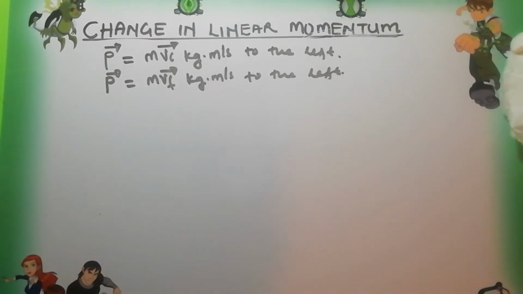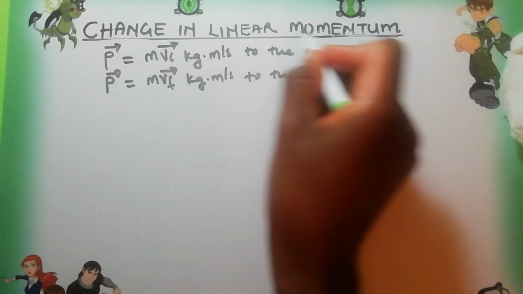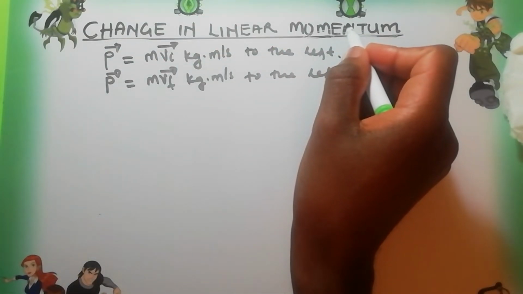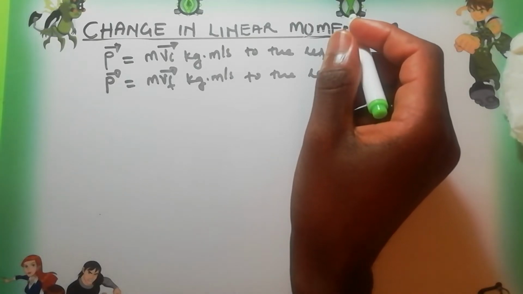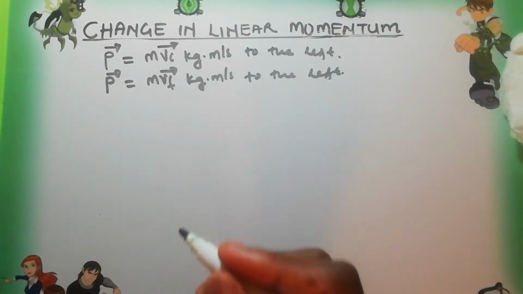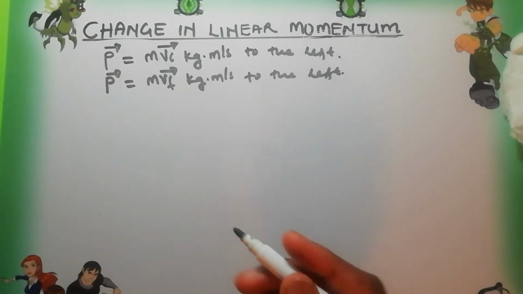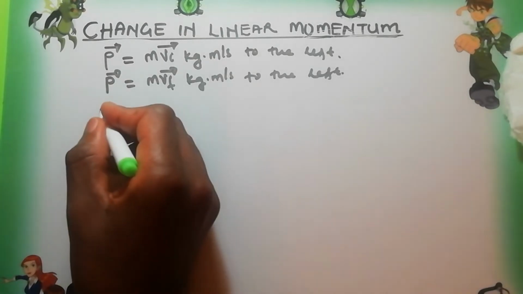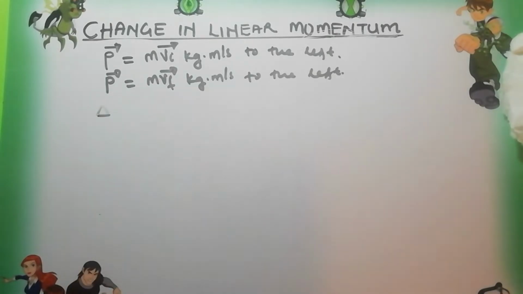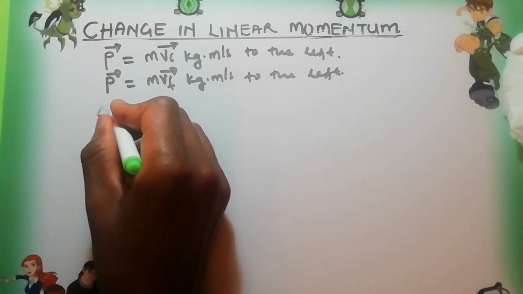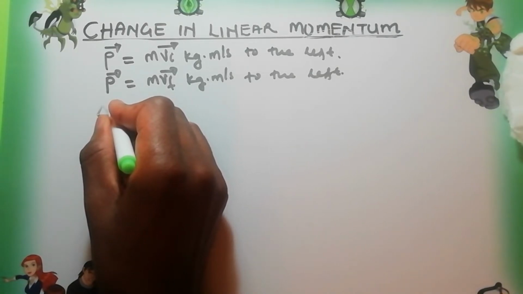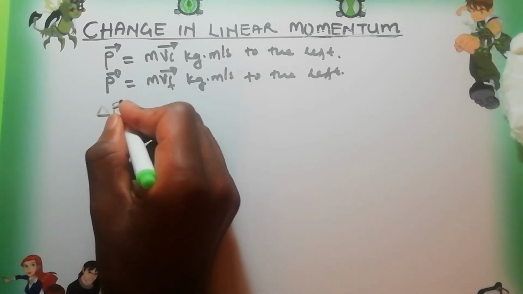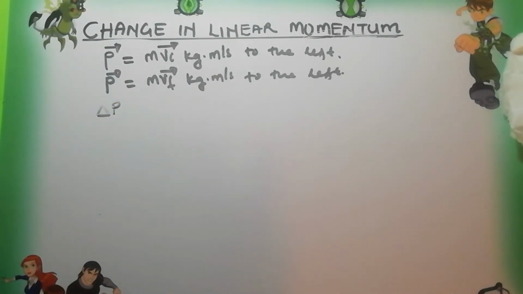Since the momentum of the truck has changed, this means we can calculate change in momentum, or change in linear momentum, of the truck. So how are we going to do that? Remember, change in science, even in mathematics, is defined by this simple delta. So change in momentum will be delta P. What do they mean by change?